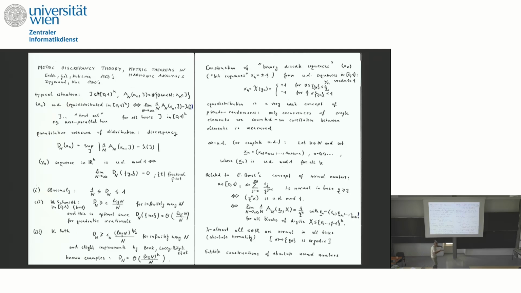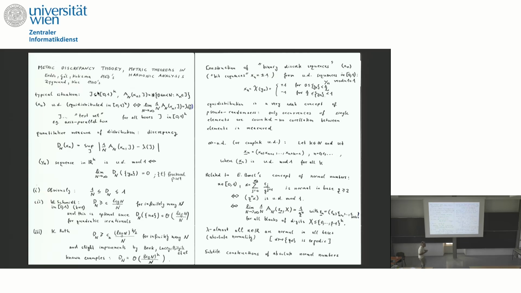The first term she found was, if I remember correctly, square root of log N or something like this. And step by step, this lower bound was improved.